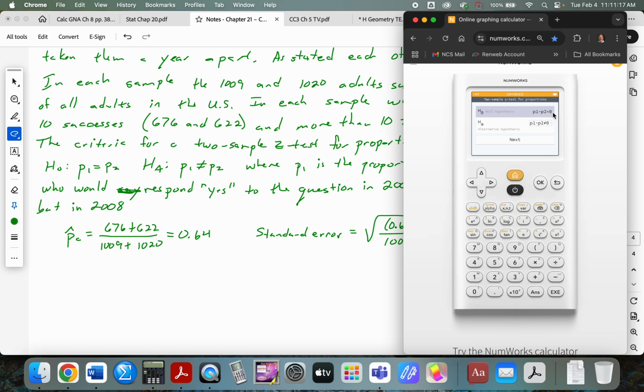This one says P1 and P2 is equal to 0 and P1 minus P2 is 0, which is the same thing as saying they're equal, which is what we said. And here it's not equal to 0. Either way you say that is fine. You can say P1 equals P2 or P1 minus P2 is 0. Same thing.